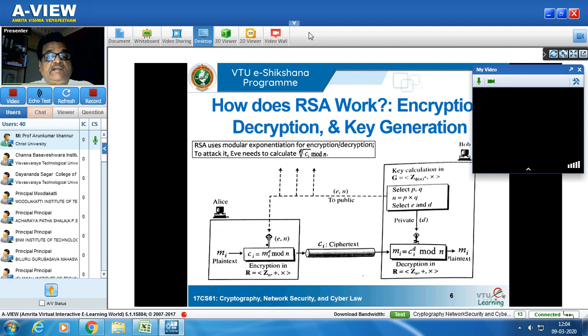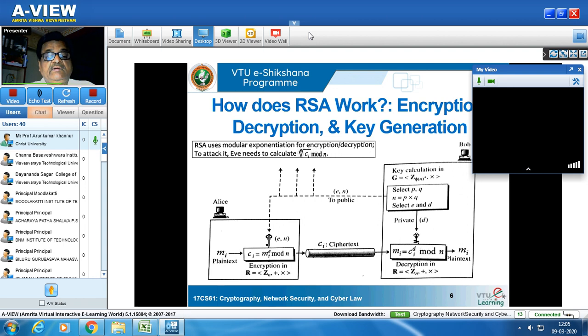This plain text has to be converted into the ciphertext. To arrive at the ciphertext Ci corresponding to the plain text Mi, we use the exponential function Mi to the power e mod n, and the remainder plays a very important role in the mod operation, along with addition and multiplication operations.